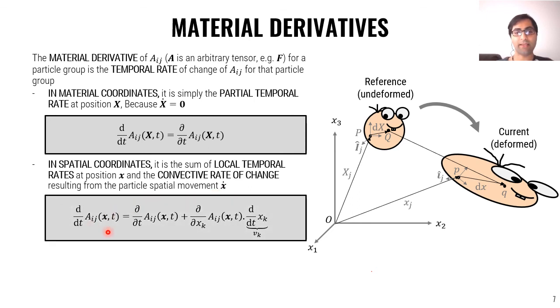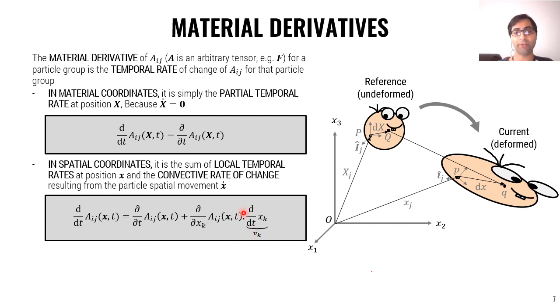So basically, if A is defined as a function of x, the current state, the time derivative of A is partial A partial t, so the time derivative of the property itself, plus partial A partial xk times d/dt of xk, which is vk.